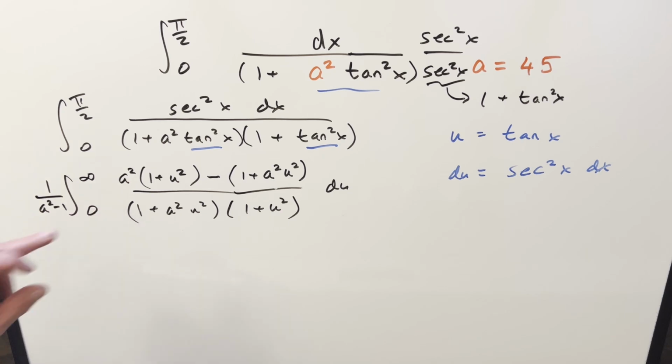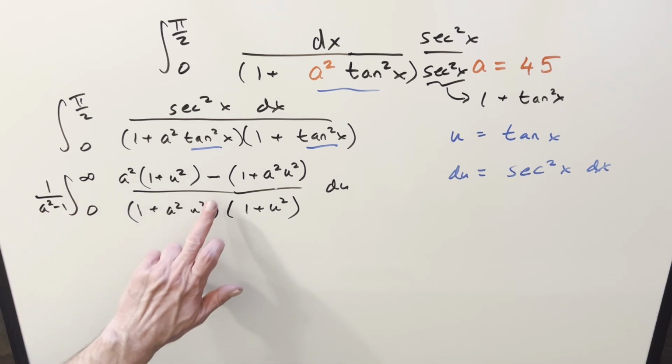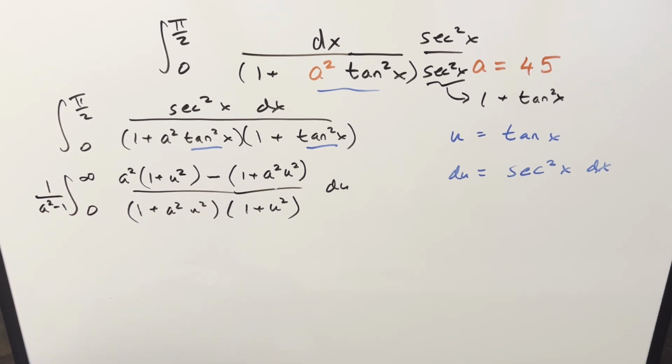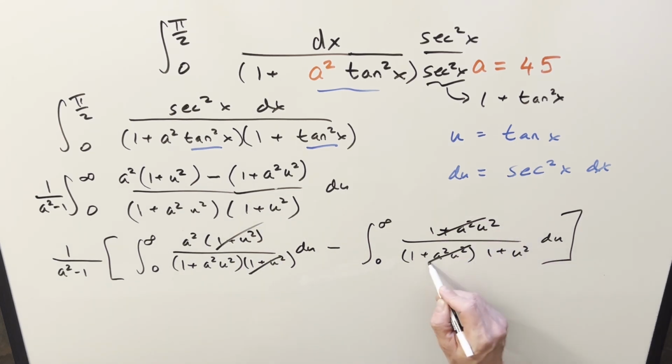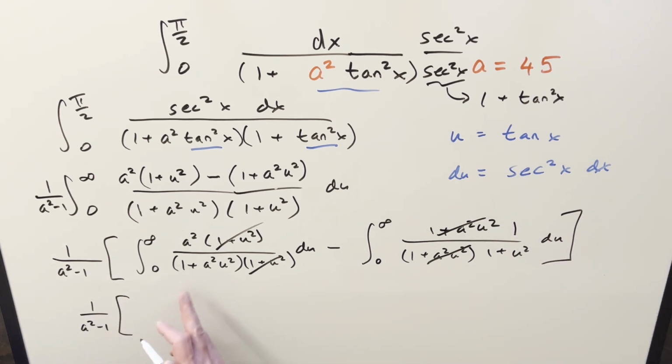Now let me rewrite this. We'll split it into two integrals, breaking on the minus sign. Then we get cancellation: 1 plus u squared over 1 plus u squared cancels, just leaving a 1. In this integral, let's factor out an a squared.